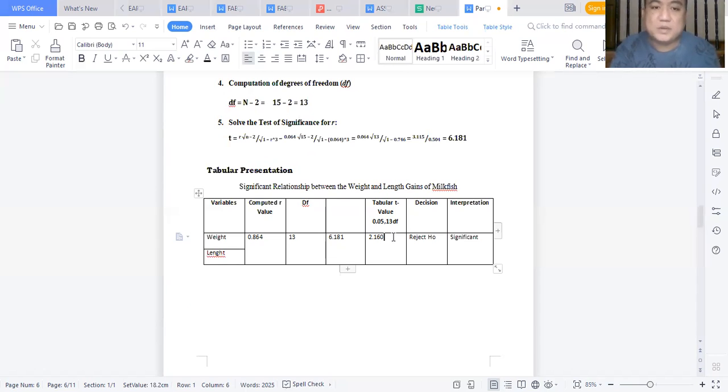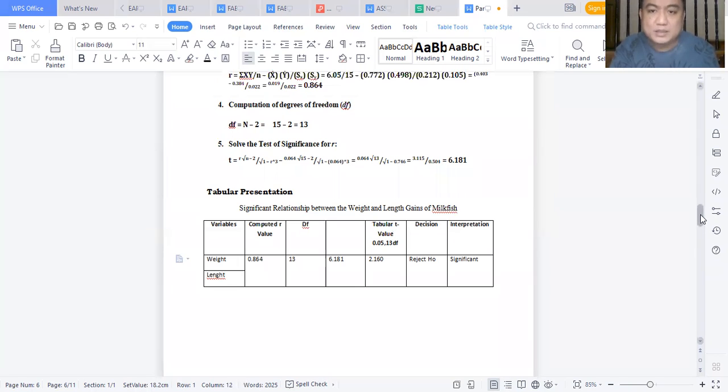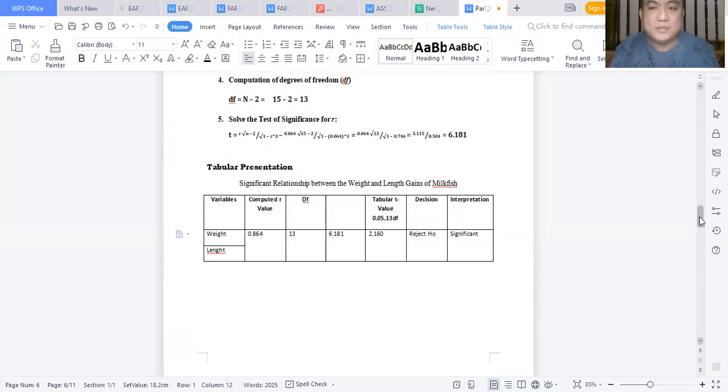Since the computed t value is higher, we need to reject the null hypothesis. So the interpretation: there is a significant relationship between the weight and length using the bread meal as supplemental feed.